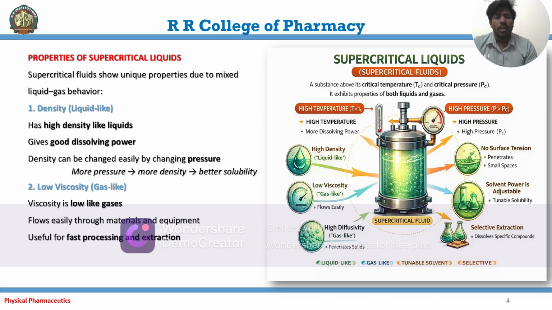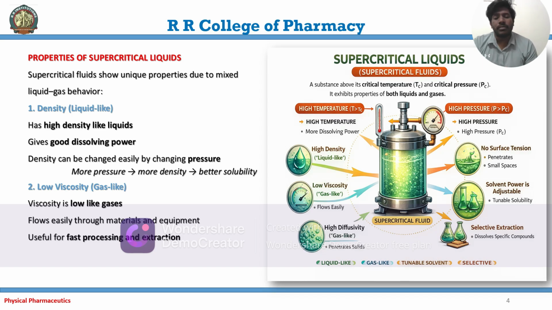Because of this low viscosity, the flowability of this liquid is high, and the diffusivity of these supercritical fluids is very high, which is a property of a gas. So the penetration of these supercritical fluids into solids is very high, as they have high diffusivity.